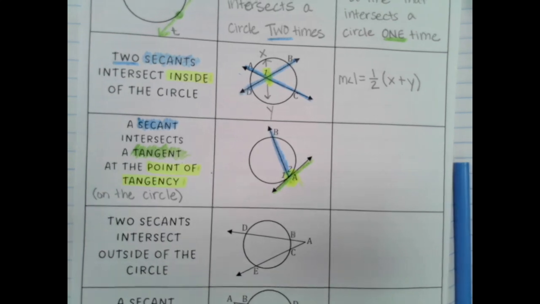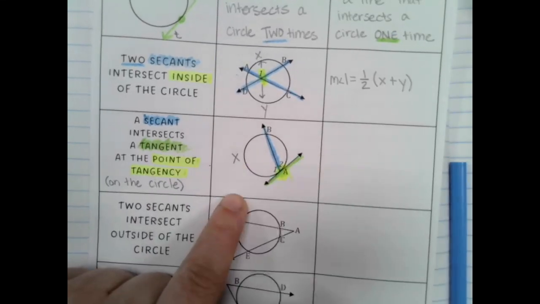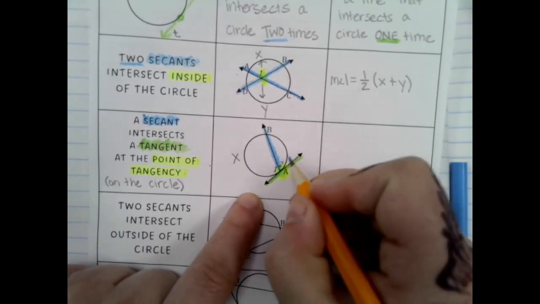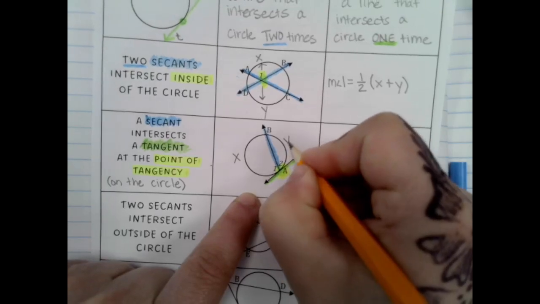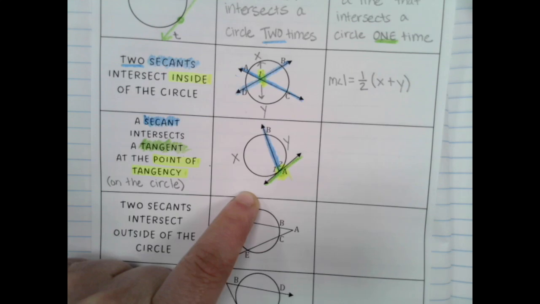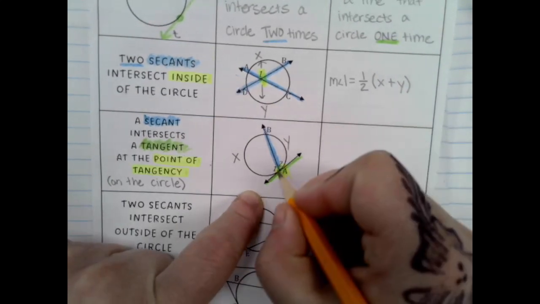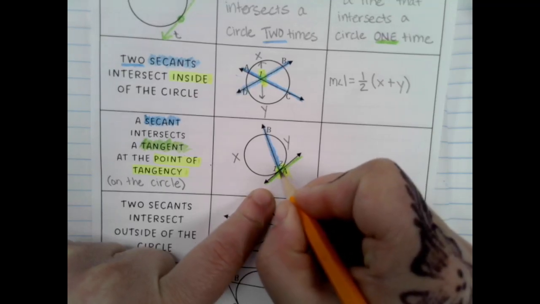All right, and then across from angle 1, we're going to put X for that arc. And across from angle 2, we're going to put a Y. So there's a couple things about this one that we're going to write. This one has the most to write for. When it's on the point of tangency, this is an inscribed angle.